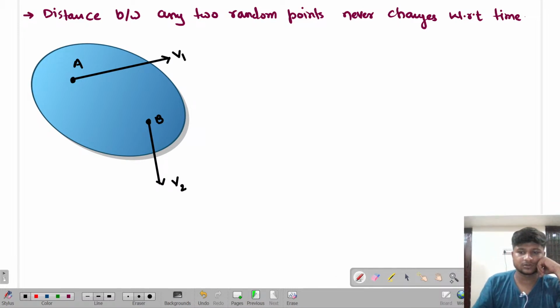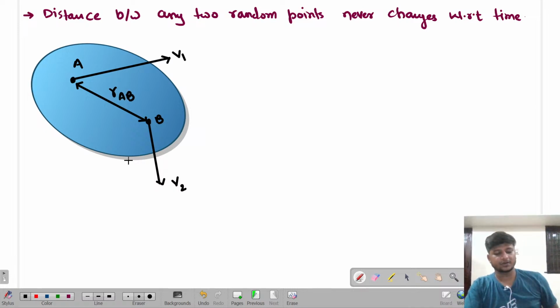Are you able to get me or not? The distance between these two points is, let's suppose, RAB. So the question arises: how are you going to relate them?